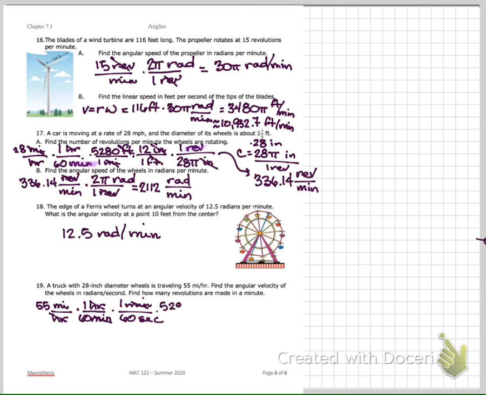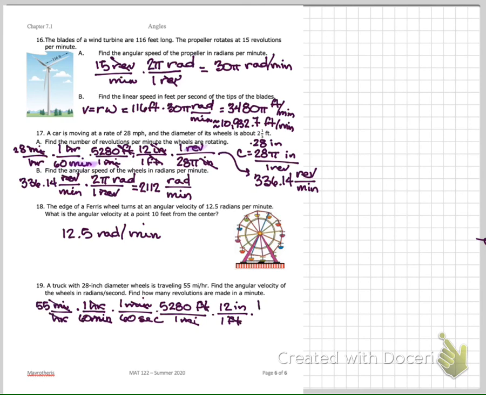I've got 5,280 feet in 1 mile. My miles cancel. What do we need, 12 inches in 1 foot. Feet cancel.